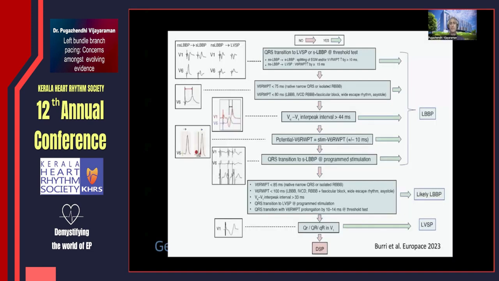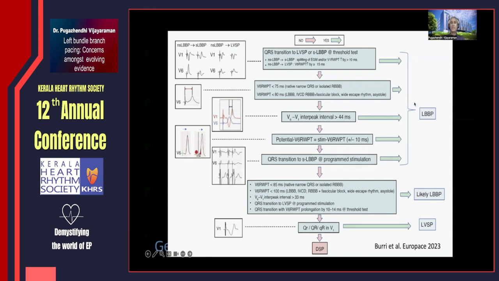And this is the EHRA consensus statement on how we define left bundle branch capture. It was defined as clearly left bundle branch pacing versus likely left bundle branch pacing versus clearly LV septal pacing.